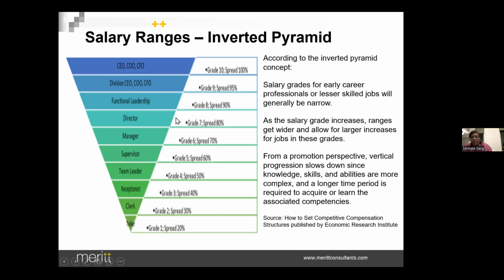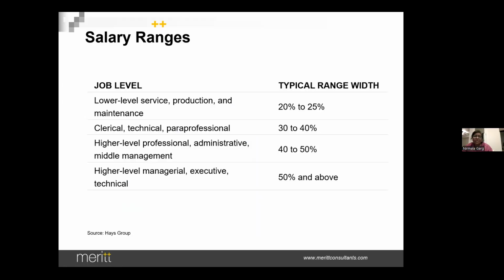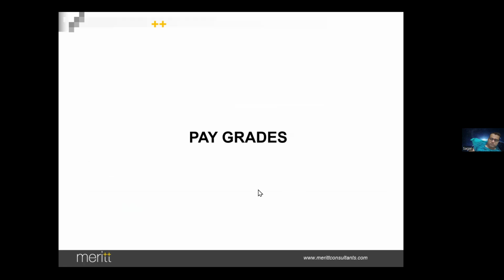Are you with me? You will get this PPT, so that you don't have to note it down. This answers your question. Lower levels 20 to 25%, 30 to 40, but at the highest level it can be 50% and above. All right.